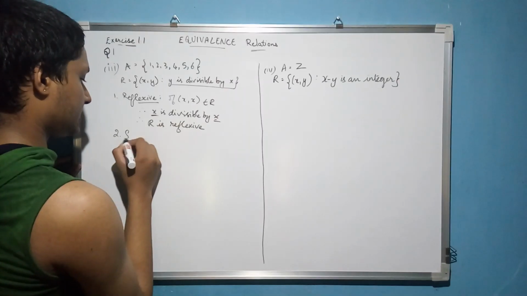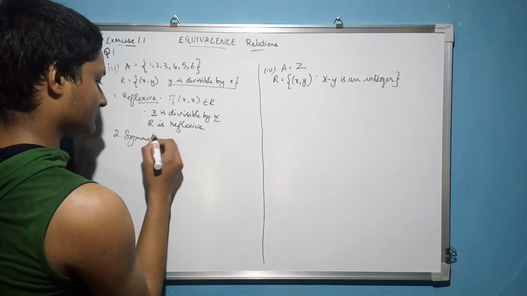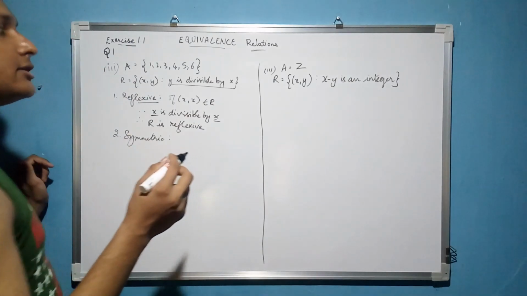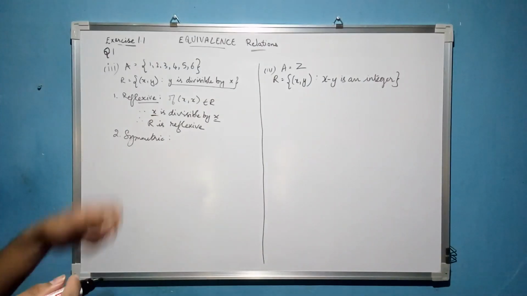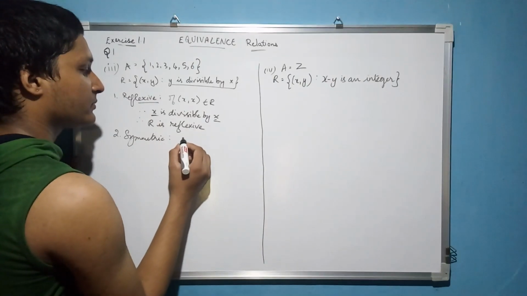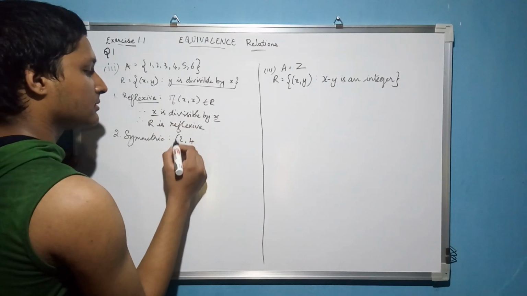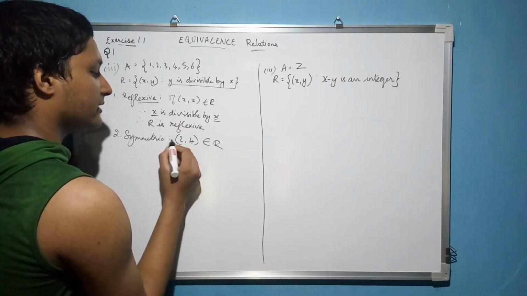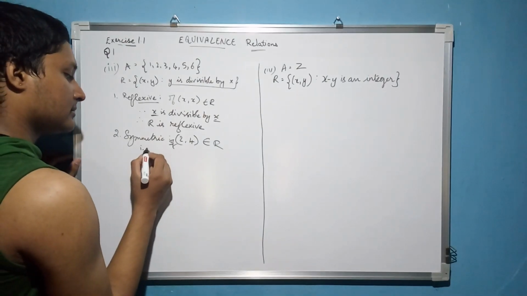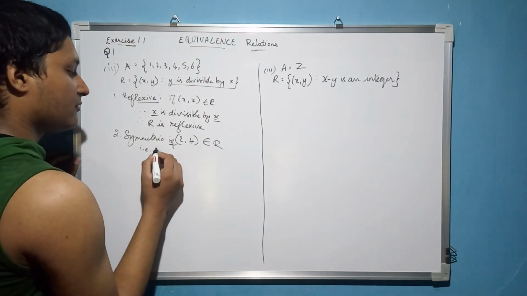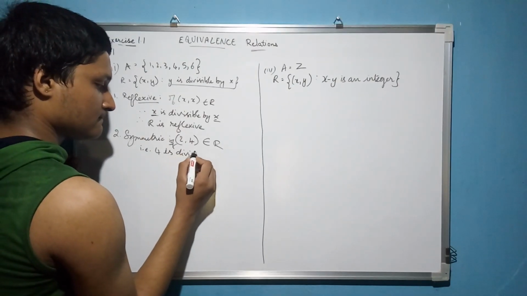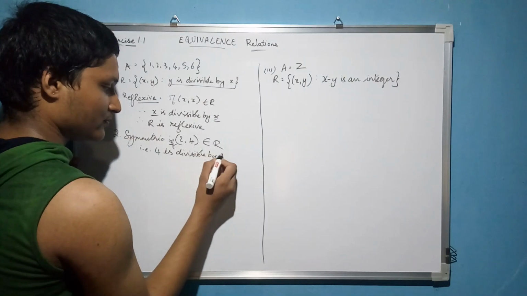The second one, symmetric. Let me take an example, because it looks like it is not going to be symmetric in this case. 2 comma 4 belongs to R. If 2 comma 4 belongs to R, that is 4 is divisible by 2.